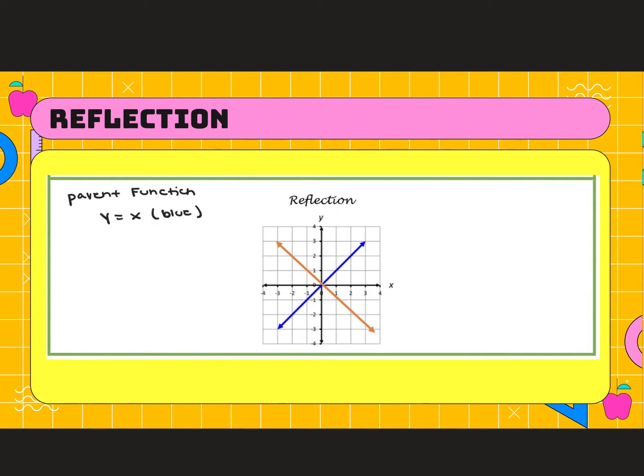We can see that our y-intercept is 0, and we have a slope of 1. With the reflection, you are changing your slope from negative to positive. Here we can see the orange line is now the equation y equals -x, so it is a reflection.